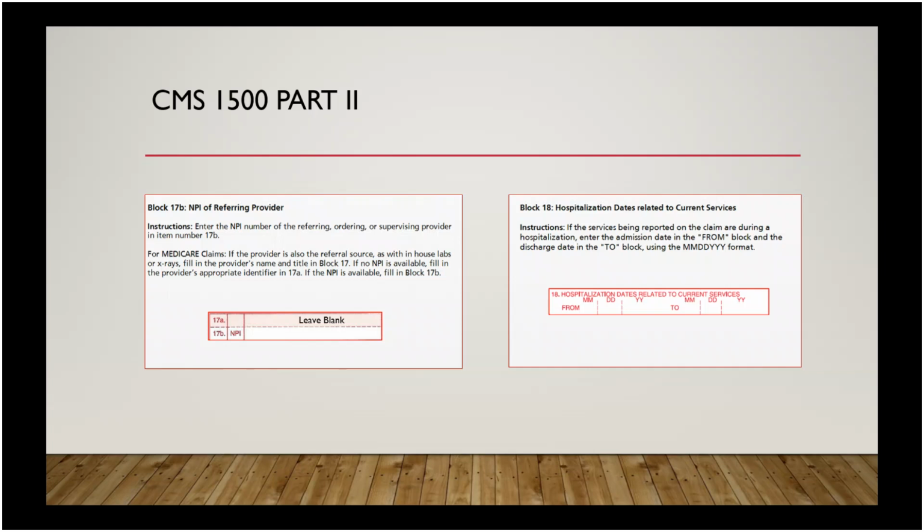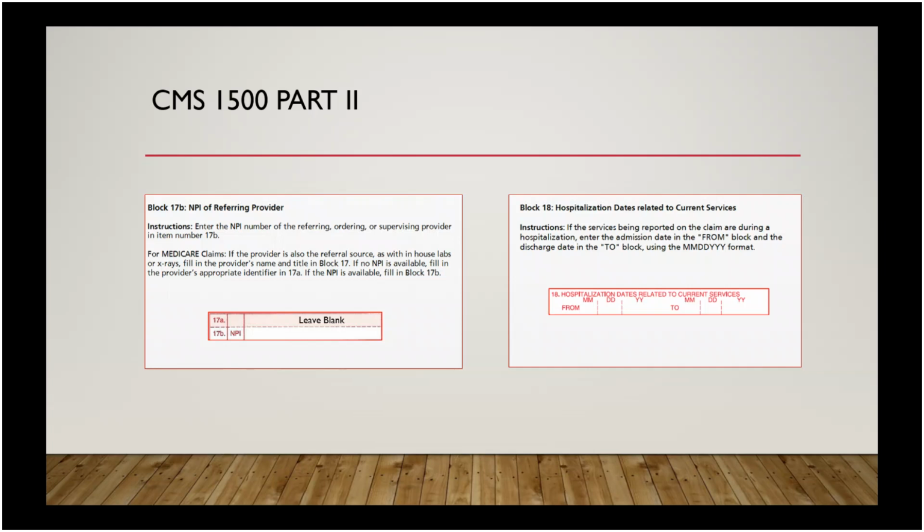As with in-house labs or x-rays, you're going to fill in the provider's name in block 17. If no NPI is available, fill in the provider's appropriate identifier in 17A. You're going to leave it blank in most cases. So again, depending on the scenario that you have, you'll either leave it blank or fill it in.